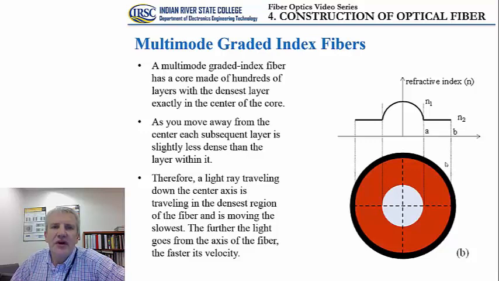Let us now talk a little bit about a different type of multimode optical fiber. That would be the graded index optical fiber. In this case, the core is made out of hundreds of layers, each having a specific index of refraction. The index of refraction is changing as we move from the center of the core towards the edge.